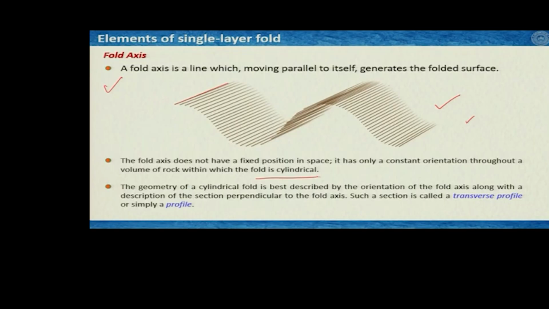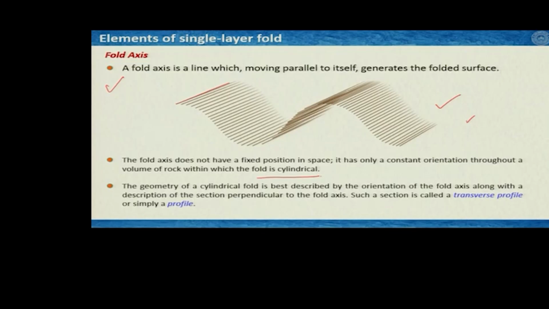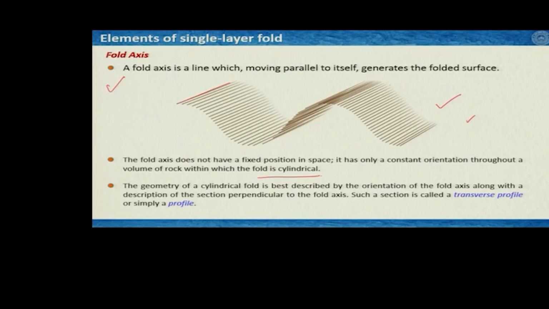Now, the geometry of this cylindrical fold that we talked about, or any fold, is best described by the orientation of the fold axis, of course, because this fold axis is defining the folded surface, and at the same time a section perpendicular to the fold axis.